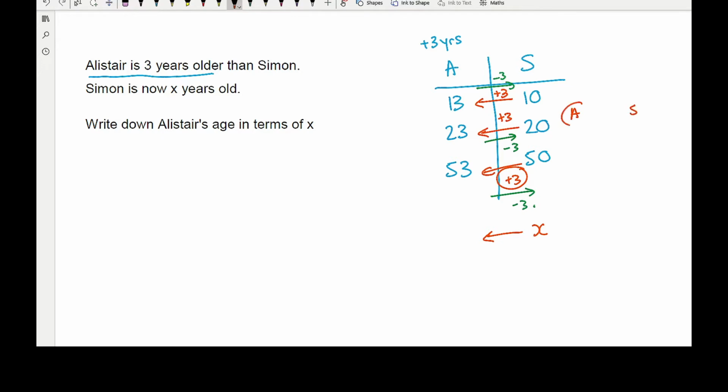There we go. So to get from Alistair to Simon, I'm taking away 3. To get from Simon to Alistair, I'm adding 3. So here, if this is X, I need to add 3. So this would be X plus 3. Therefore, Alistair's age in terms of X is going to be X plus 3.